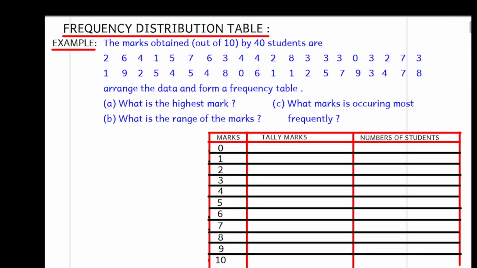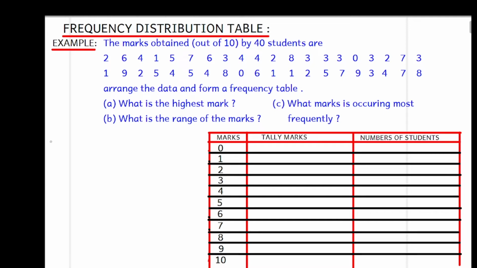Now how we can use the tally marks here? Okay. So first of all what to do? In the frequency distribution table we have to arrange the observations. Okay. So I'm arranging these numbers in ascending order.